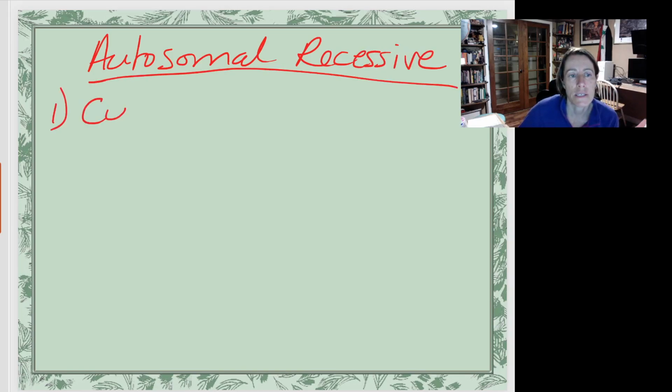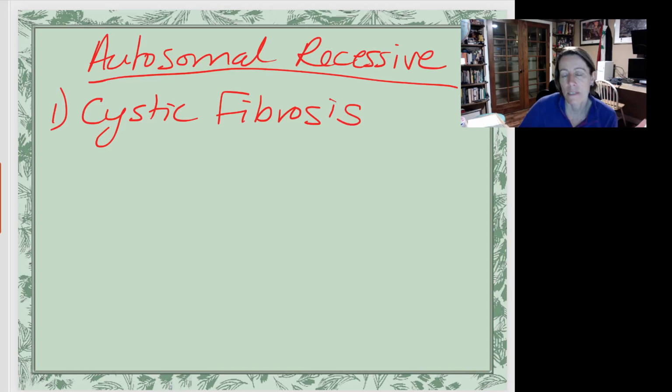So the autosomal recessive diseases that we're going to learn about are, number 1, cystic fibrosis. This is a disease of mucus production, which tends to have its biggest impacts in lung function.